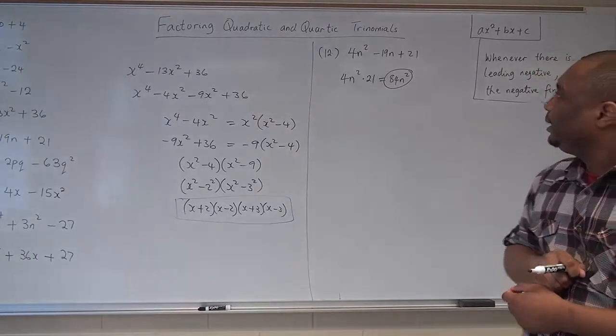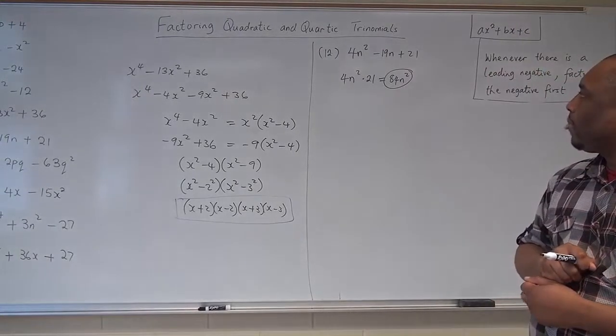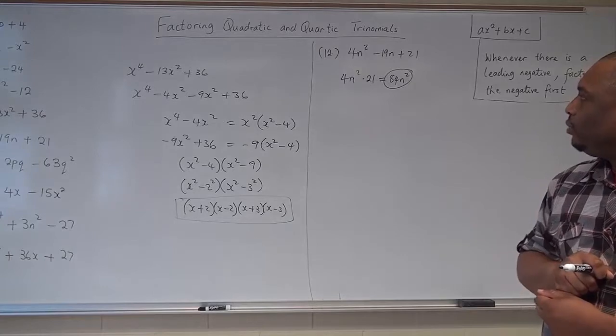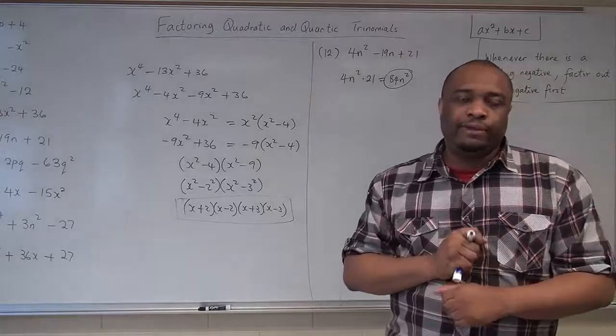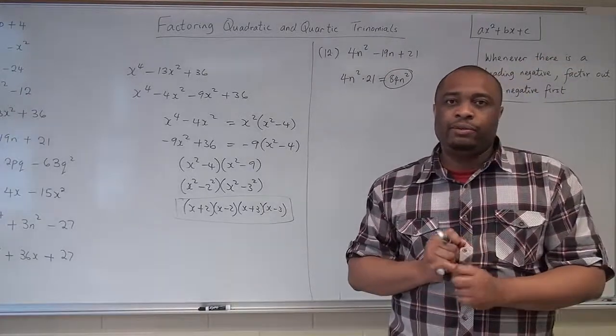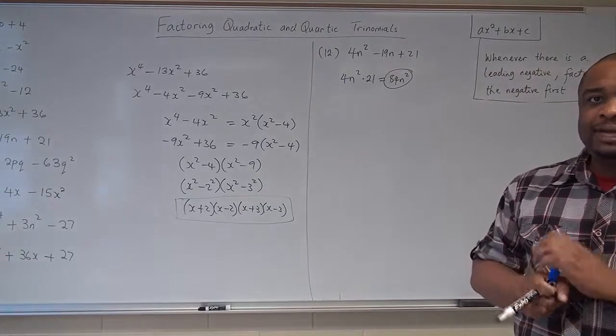Negative 3, negative 28, negative 31 will not work. 4 and 21: 4 plus 21 is 25, will not work. Negative 4, negative 21, negative 25 will not work. 5 is not a factor.